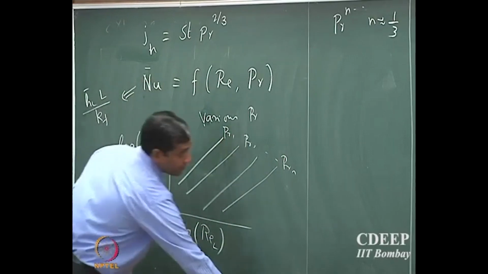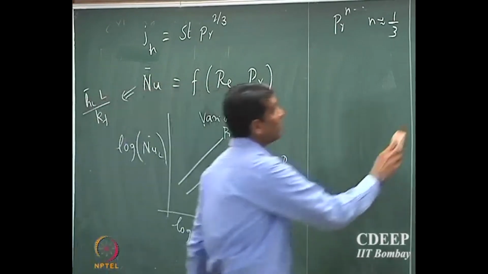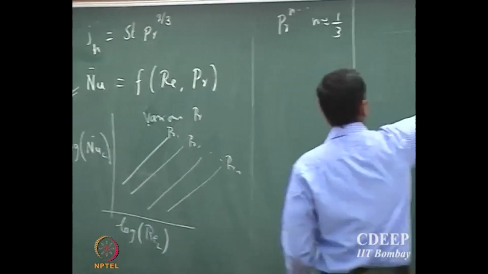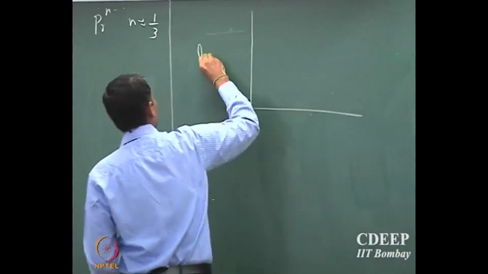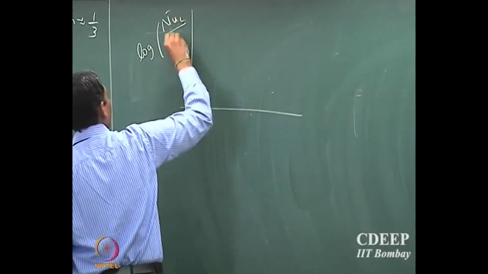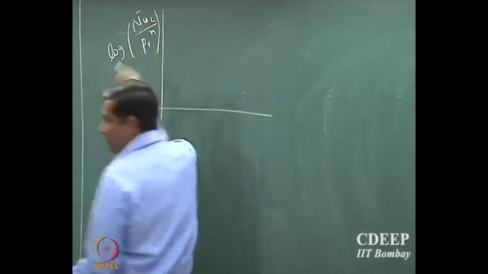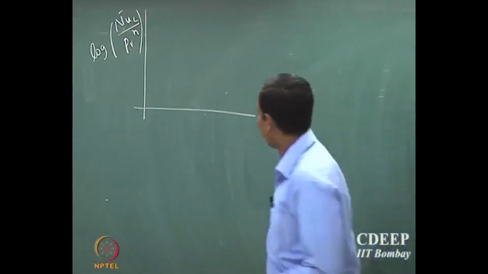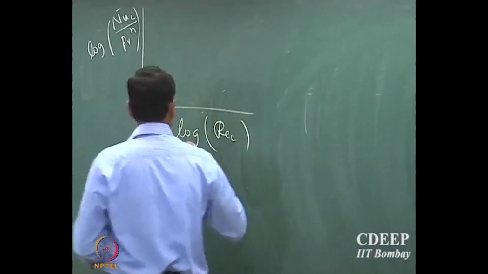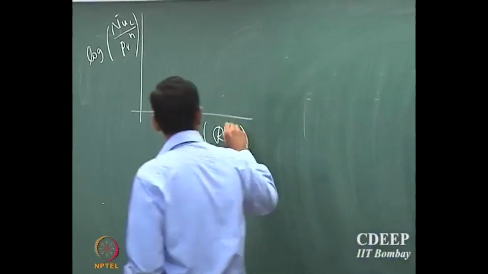And then what was done was they found that there is some correlation between Reynolds number and Prandtl number. So then the next stage was they said, okay, let's try to look at log of Nusselt number by Pr to the power of n, we still don't know what the exponent is, and log of Reynolds number, Reynolds number to the power of m.